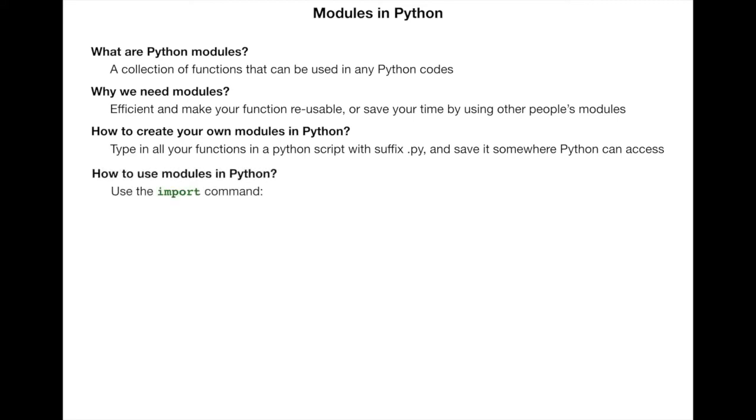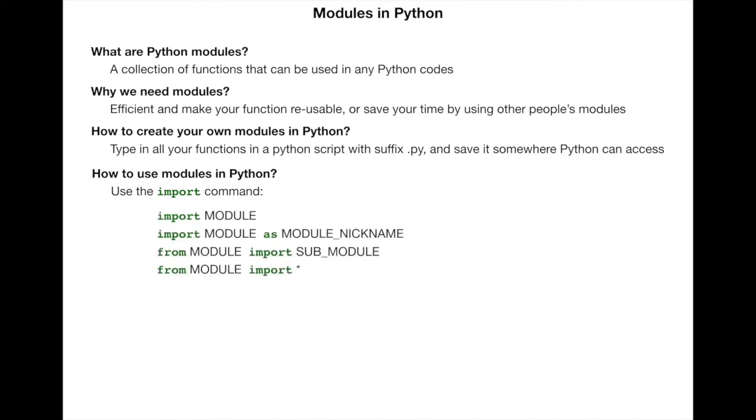So how do you use modules in Python? Very simple. We use another reserved word in Python called import. The import command can be used in multiple ways. For example, import module, which means I import something called module. Or you can import module as something else, so you import a module but name it something else, and then you get another name.